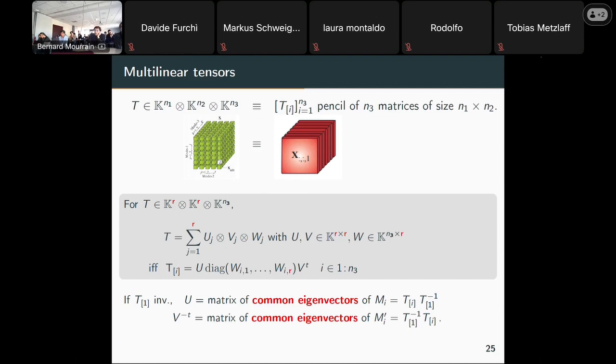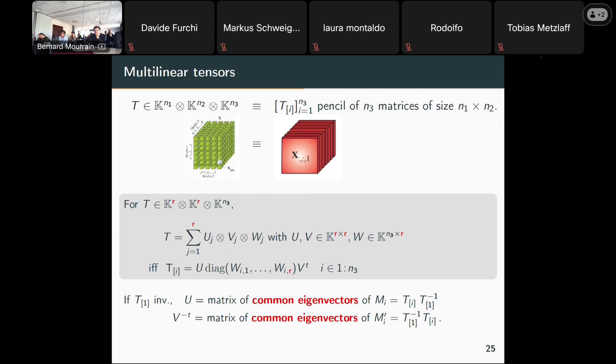And so what we can observe is that if this T1, for instance, is invertible, you invert T1 and multiply Ti by T1 inverse, on the left or on the right. And you can see that U is a matrix of common eigenvectors of all these Mi.